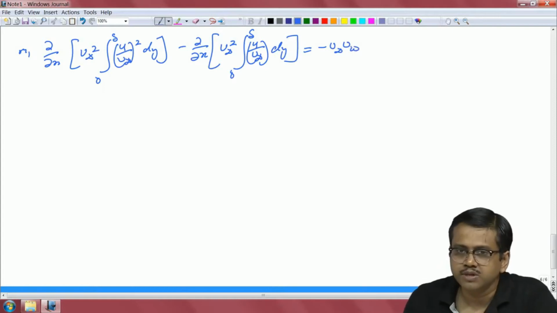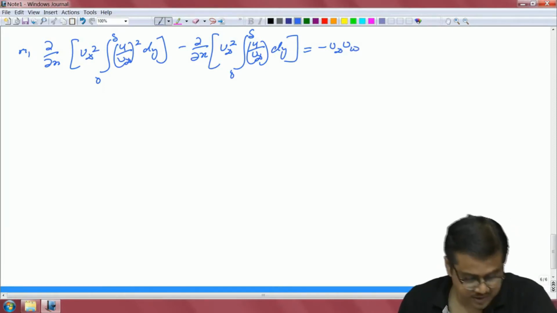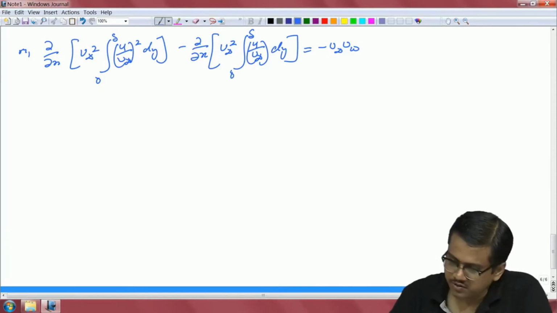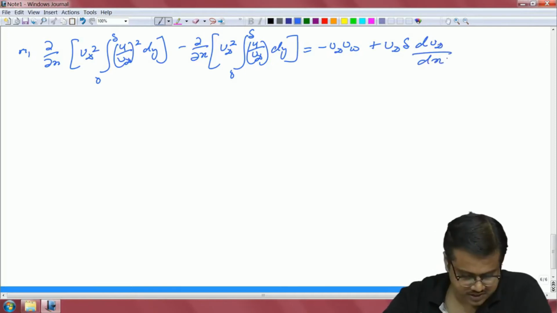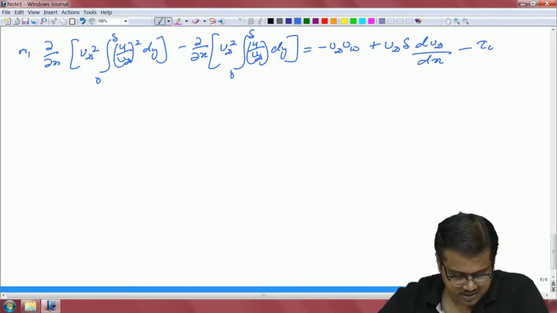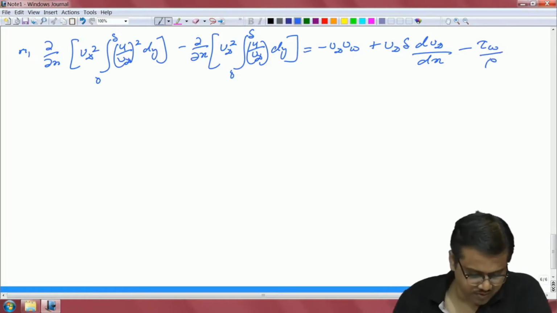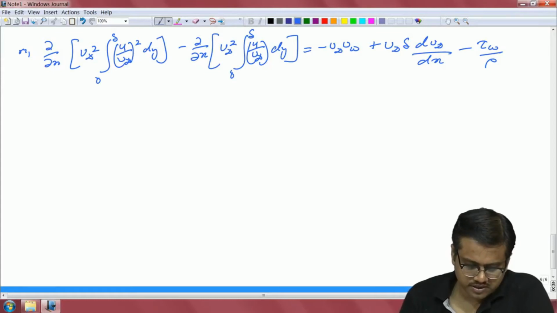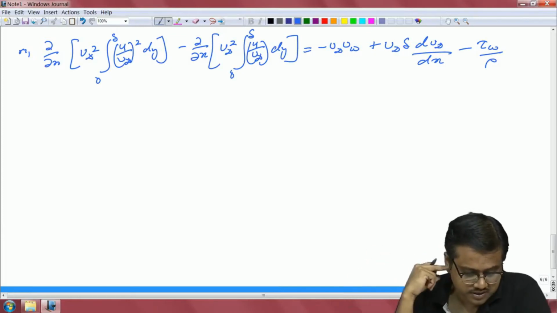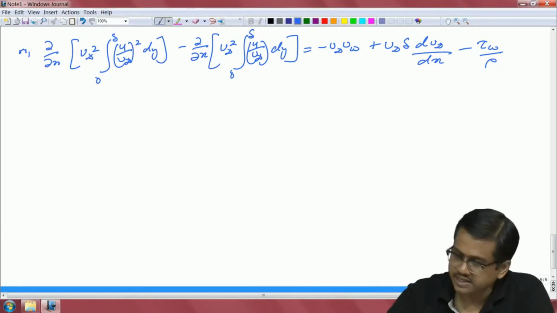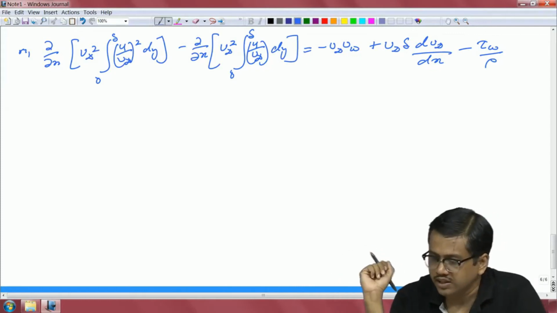This is whatever that Vw was, suction, blowing, it can be 0 also, suction, blowing or 0. So, that is what we are arguing over here, plus u infinity delta du infinity by dx minus tau wall by rho. Okay. So, that would be the other part of that term. The tau wall by rho is basically nothing but du by dy evaluated at the wall, right.